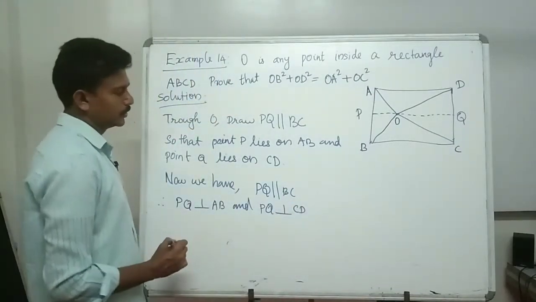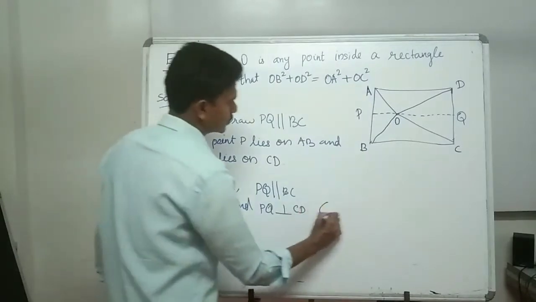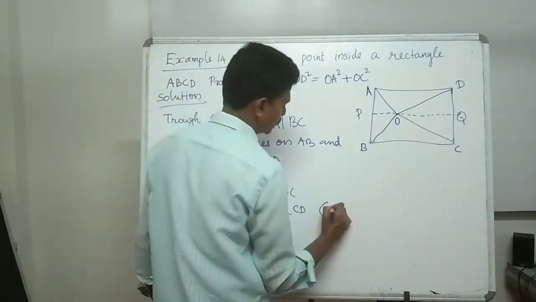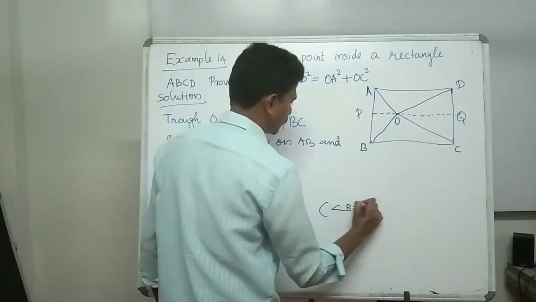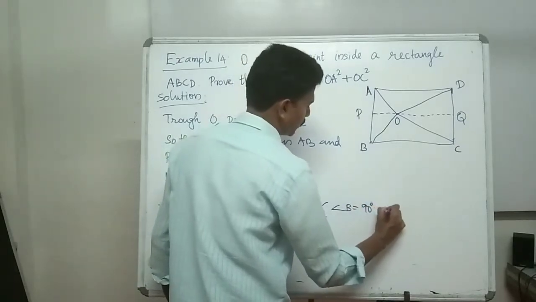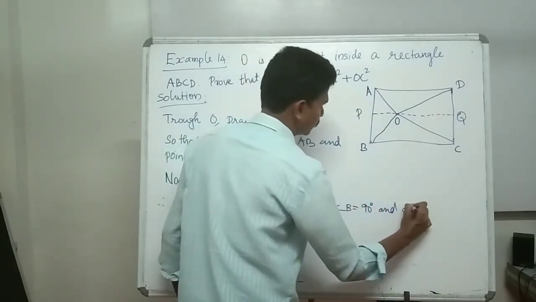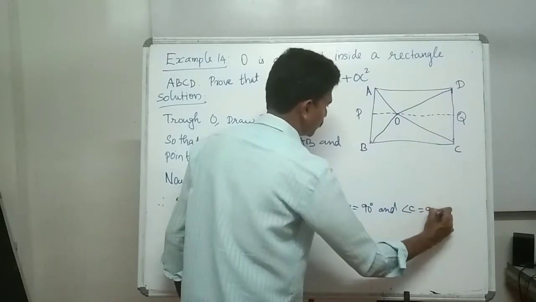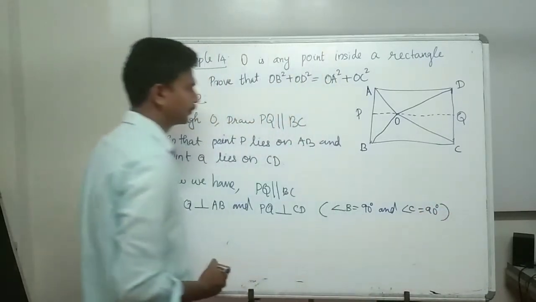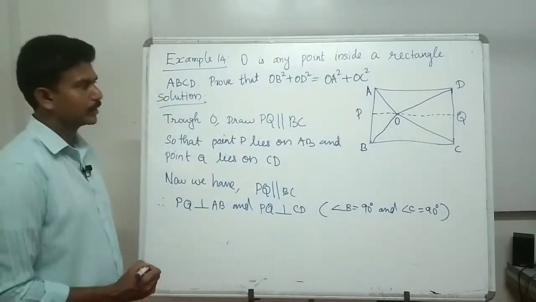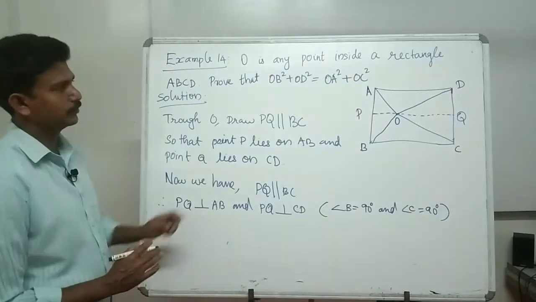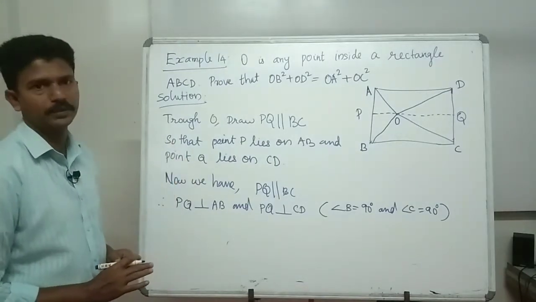The reason is that angle B is 90 degrees and angle C is also equal to 90 degrees here. We said these two are perpendicular.